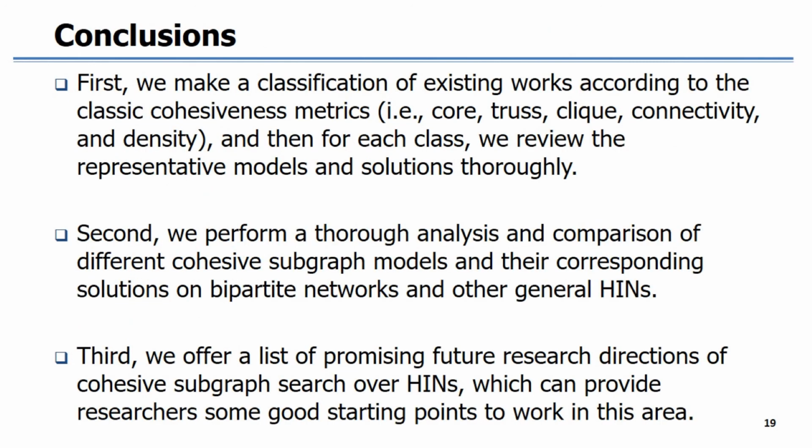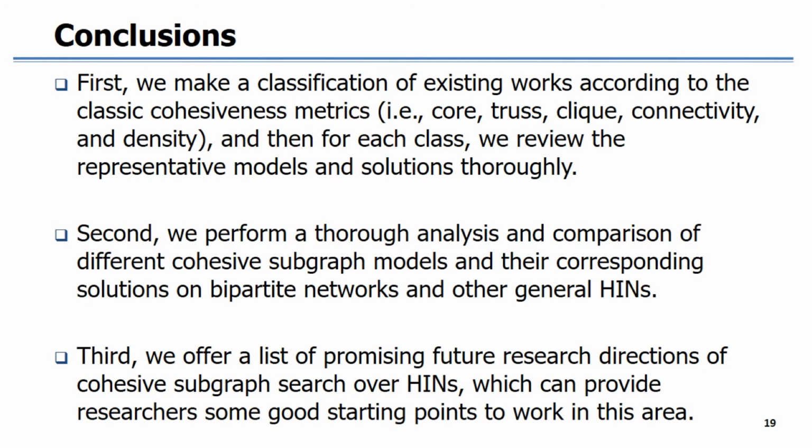As a conclusion, in this tutorial, first we make a classification of existing works according to the classic cohesiveness metrics such as core, truss, clique, connectivity, and density. And then for each class, we review the representative models and solutions thoroughly.